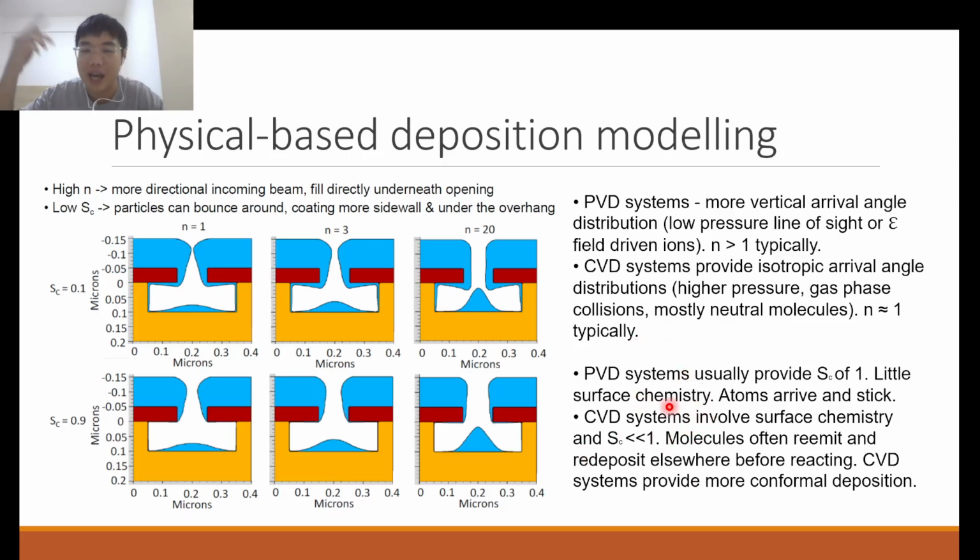When your molecules adsorb on your surface, this adsorption is not necessarily a very strong covalent kind of bonding, so your species can still undergo surface diffusion on your surface. Therefore we observe that for CVD systems, SC tends to be much less than 1, and the result, as you can see, is more conformal deposition, better coverage of sidewalls, for example, and it can even cover under the overhang here. Okay.